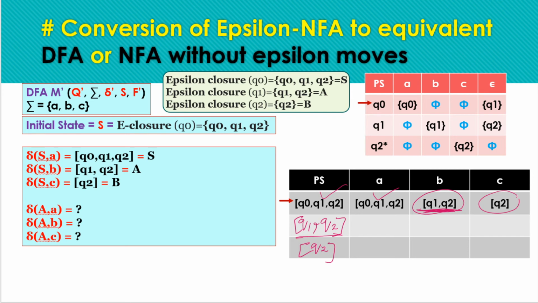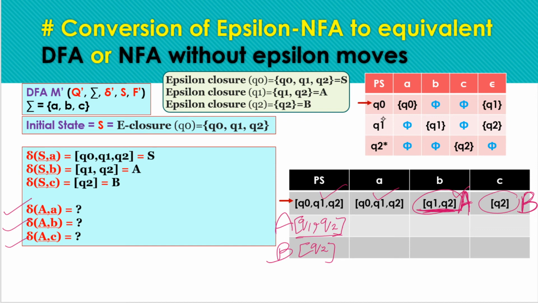So we have to consider this state A before state B, because A appears before B in the sequence. So we have to consider A first, and then we can consider the state B. Now we have to find the transition for input symbols A, B and C from the state A, for all the input symbols. So repeating the same steps.